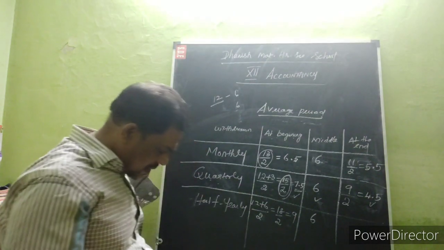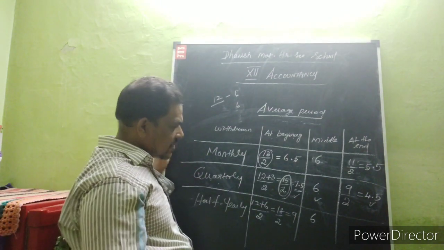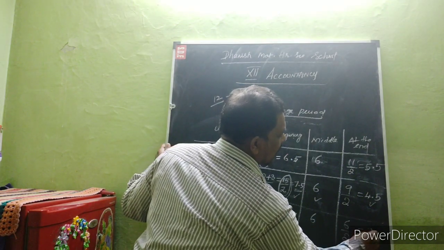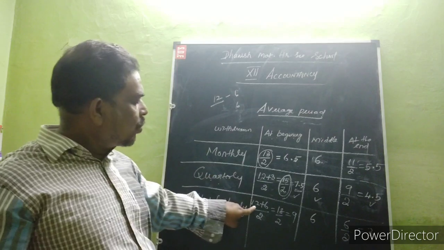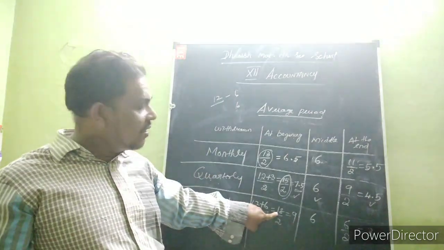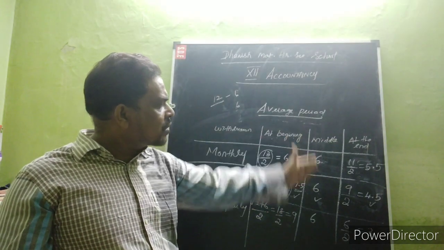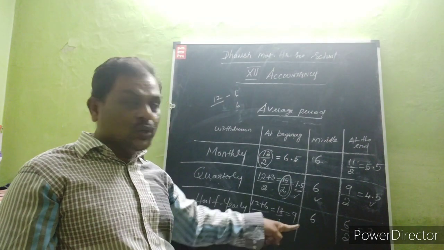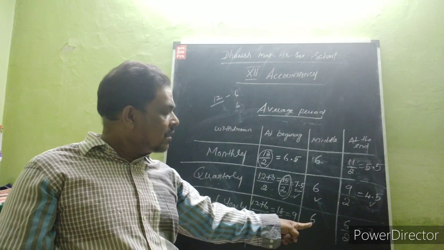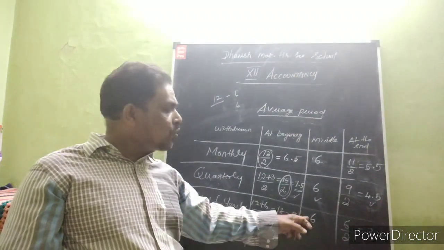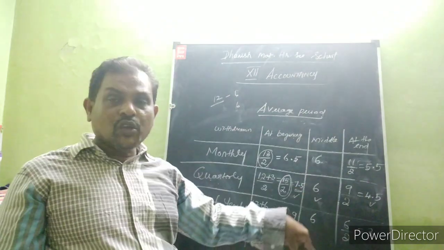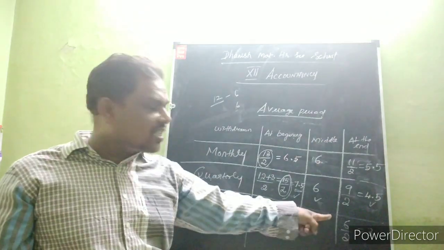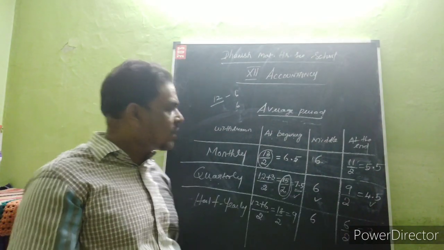So 12 minus 6 is that 6 divided by 2, which is nothing but 3. 12 plus 6 is 18. So for the next 6 months, the middle, 6 months will be reduced. So 18 minus 6, 12 by 2. 12 by 2 is 6. From 12, again 6 months will be reduced, which means the end. So 12 minus 6, 6 divided by 2, that is equal to 3.